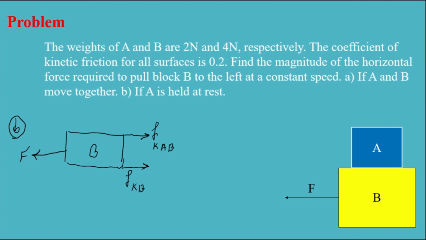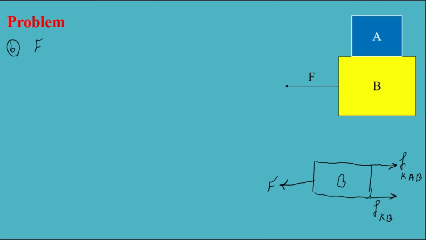So now let me write down the second Newton's law again. My F total in the x-axis is going to be equal to F minus FKAB minus FKB equal to MA, right? This is the total acceleration.